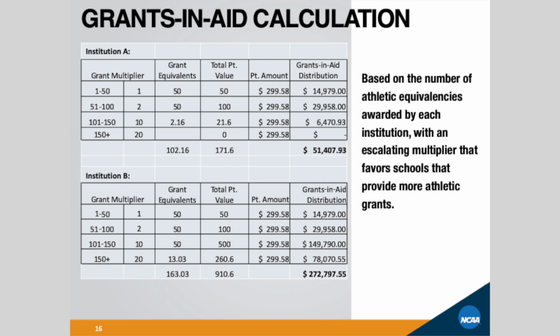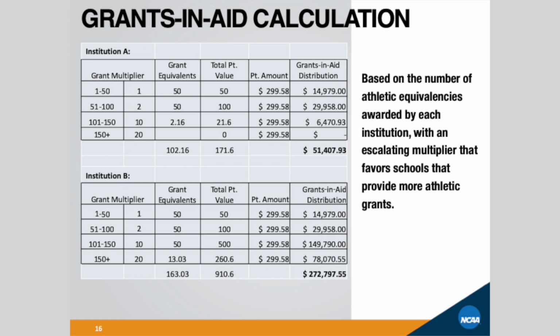50 multiplied by 2 equals 100. 100 multiplied by the point amount, $299.58, yields $29,958. The third tier of 50 is worth 10 points. However, Institution A only has 2.16 remaining.